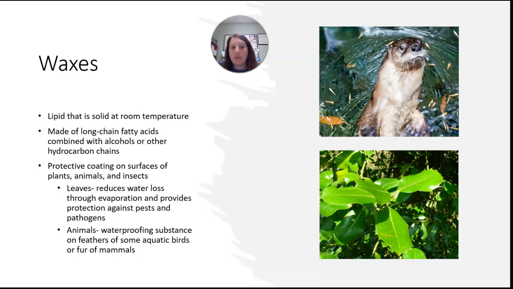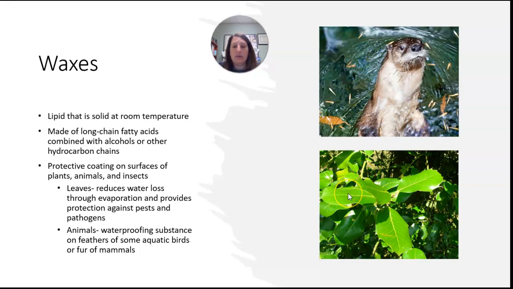They're really important. They provide a protective coating on surfaces of plants, animals, and insects. And so in this particular example here, I'll talk about the leaves first, which are our lower picture. If you take General Biology 2 with us, you'll see slides of leaves, and you'll actually see the wax, which is called cutin. We'll talk about the function there as well, but just a quick little overview of their function.